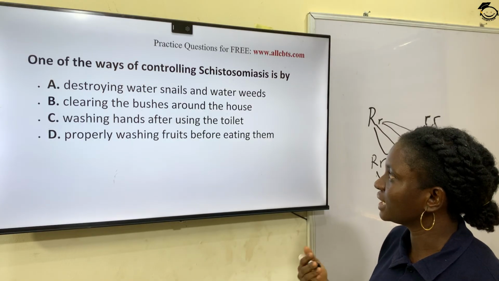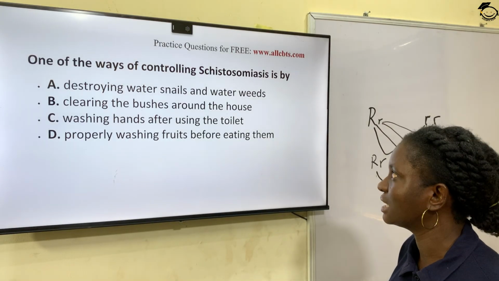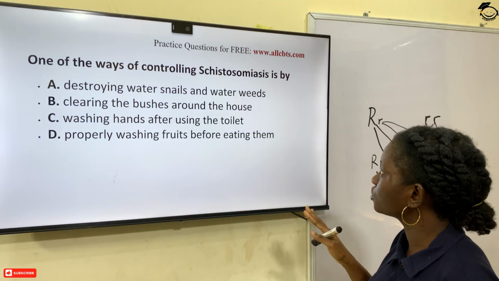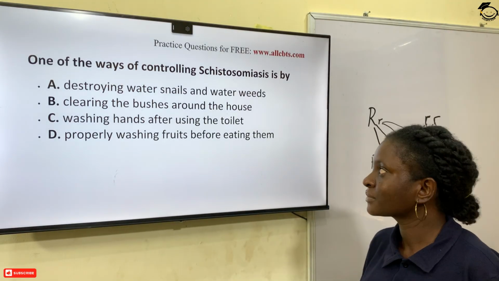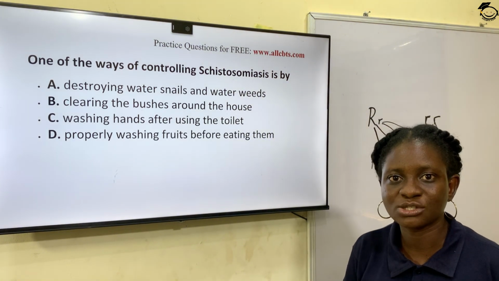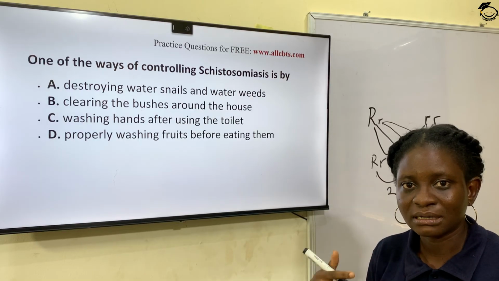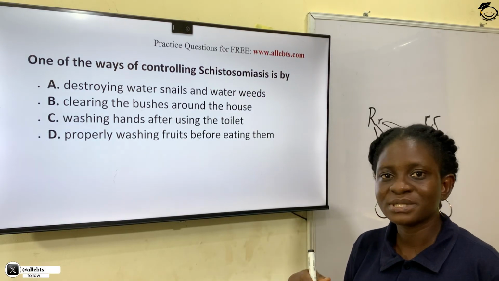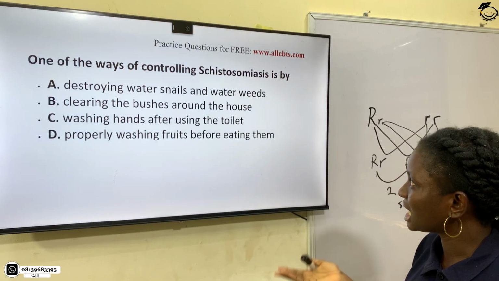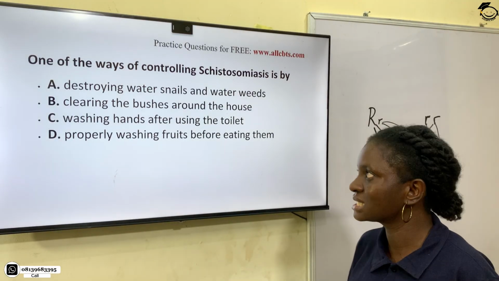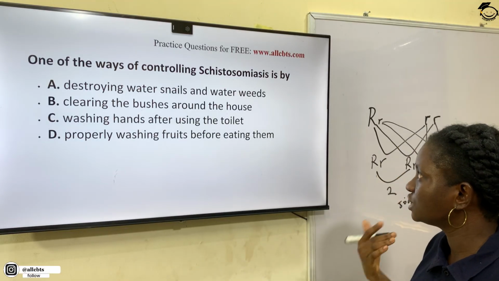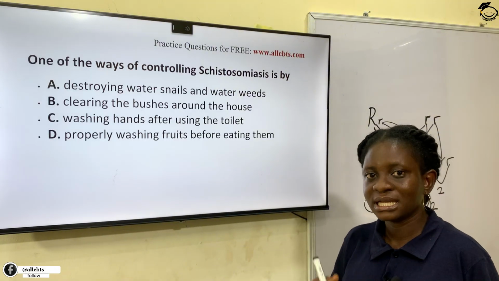They are mostly worms in water. So one of the ways of controlling schistosomiasis is by destroying water snails, because they infect snails and the snails secrete the eggs in water. So by destroying the water snails and water weeds, that is one way of controlling schistosomiasis.